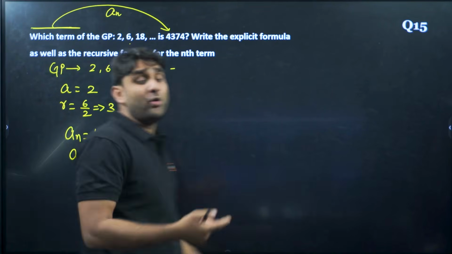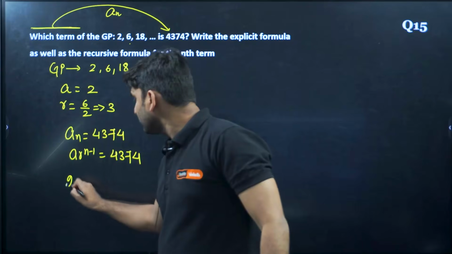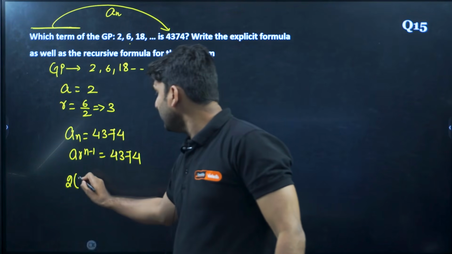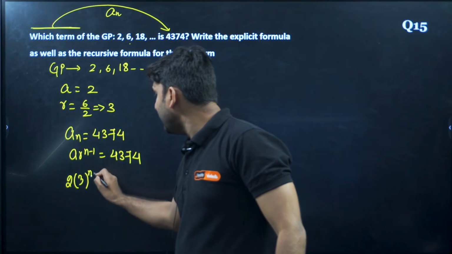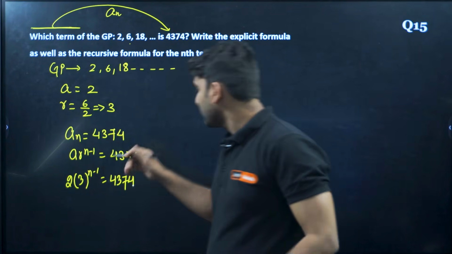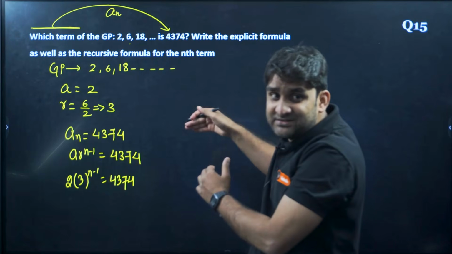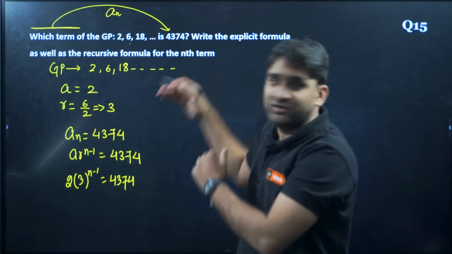Now A is 2, so we can put 2. What is R? R we have 3. So 2 times 3 to power N minus 1 is equal to 4374. Right? Now 2 is in multiplication, so 2 will go to that side and divide 4374.